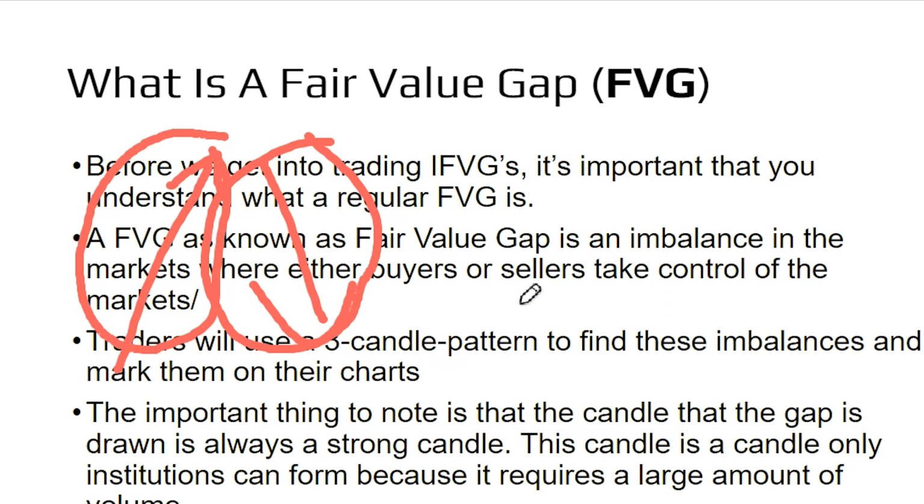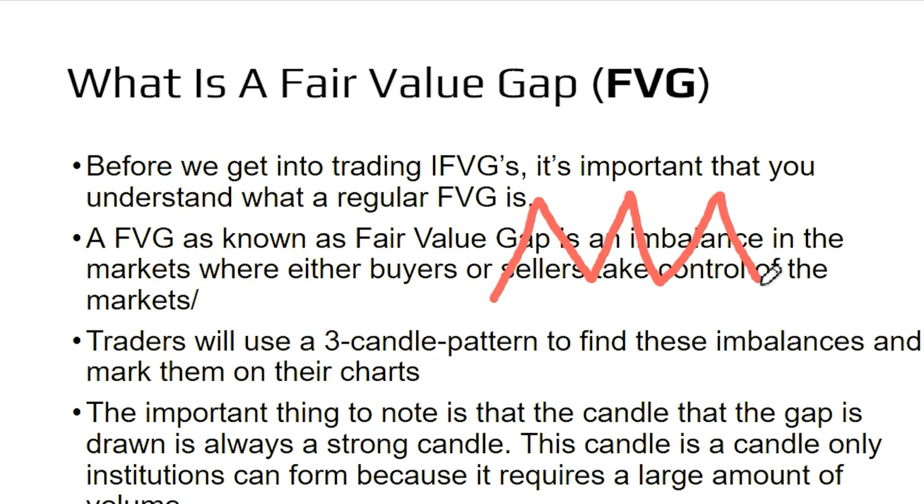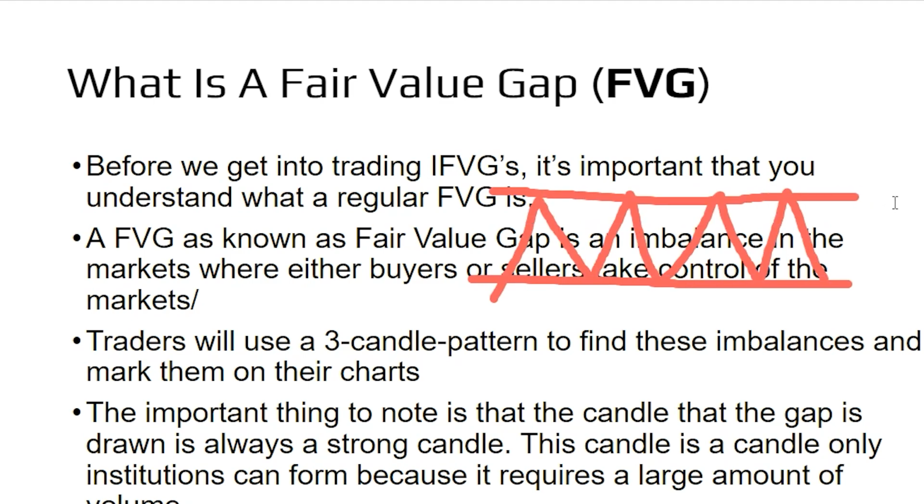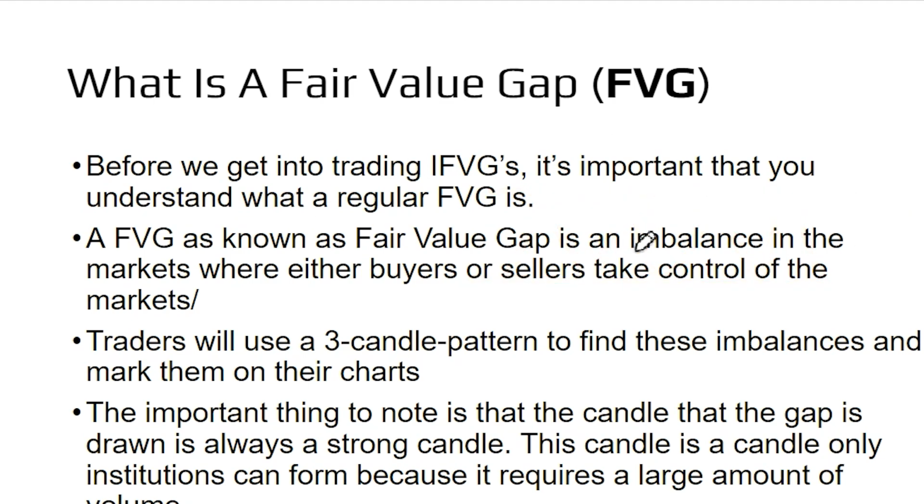All right? When the market is moving side to side like this and buyers and sellers cannot figure out who's in control, this is a balanced market. So, to find imbalances, we use a 3-candle pattern to find these imbalances, and we mark them on our chart.